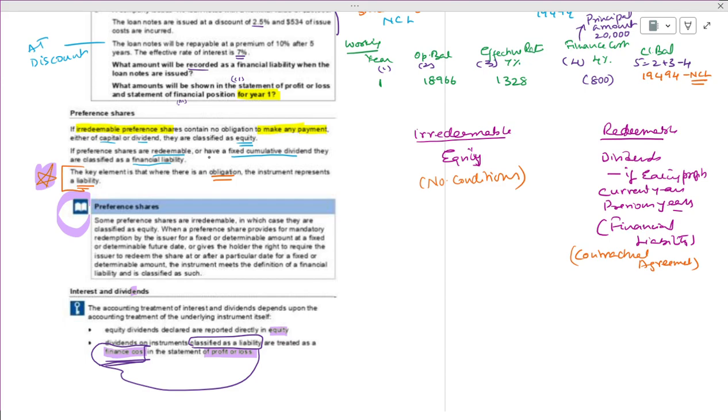If it is redeemable, it is a liability. If it is irredeemable, it is equity.